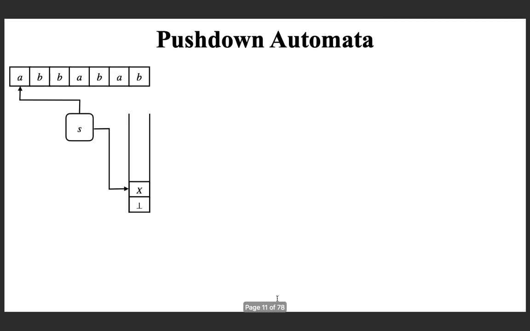Now we can see the structure of a pushdown automaton. In addition to the structural components of a finite state automaton, one additional structural unit is added, which is a stack, which can be used as an intermediate storage.